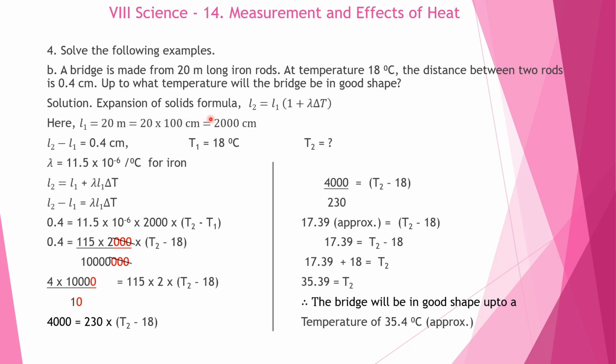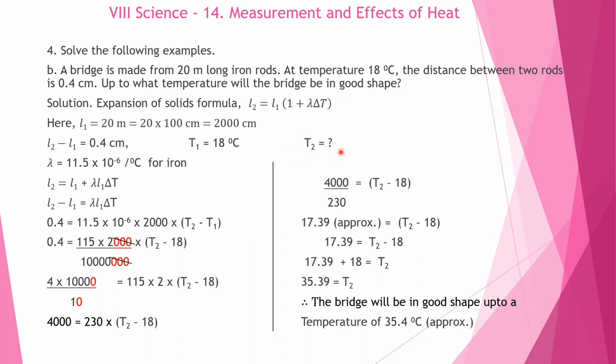This is the expansion of solid formula. L2 is equal to L1 bracket 1 plus lambda delta T. What do they denote? We will see. L2 minus L1 is the distance between two rods, which is 0.4 centimeter. T1 is 18 degrees Celsius. Up to what temperature?